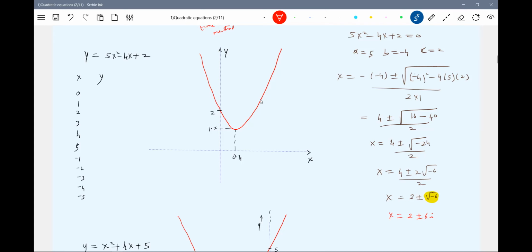Root of minus 1 is called i. So the roots are imaginary. What are the roots? The roots are imaginary. So what we'll end up with here is x equal to 2 plus 6i, x equal to 2 minus 6i.